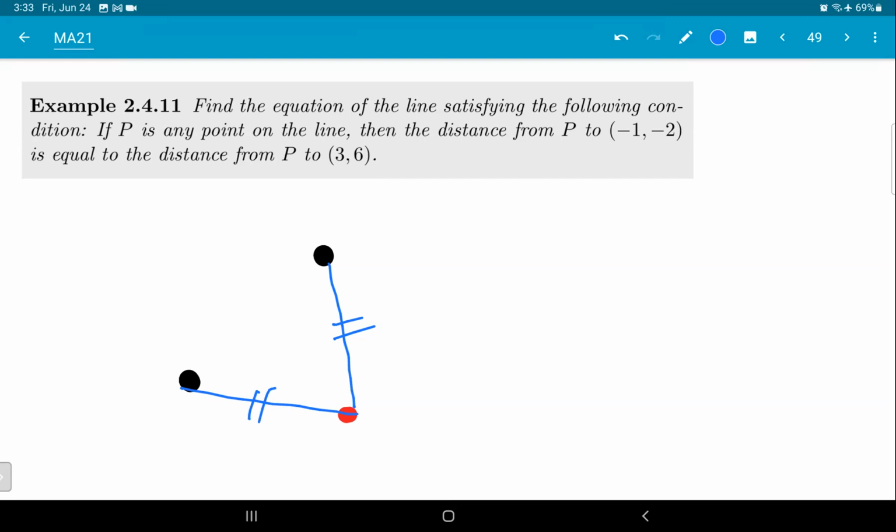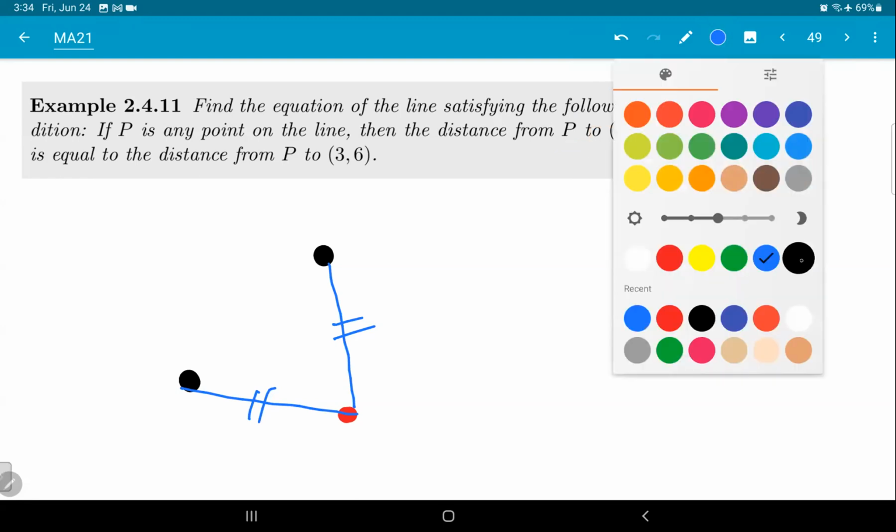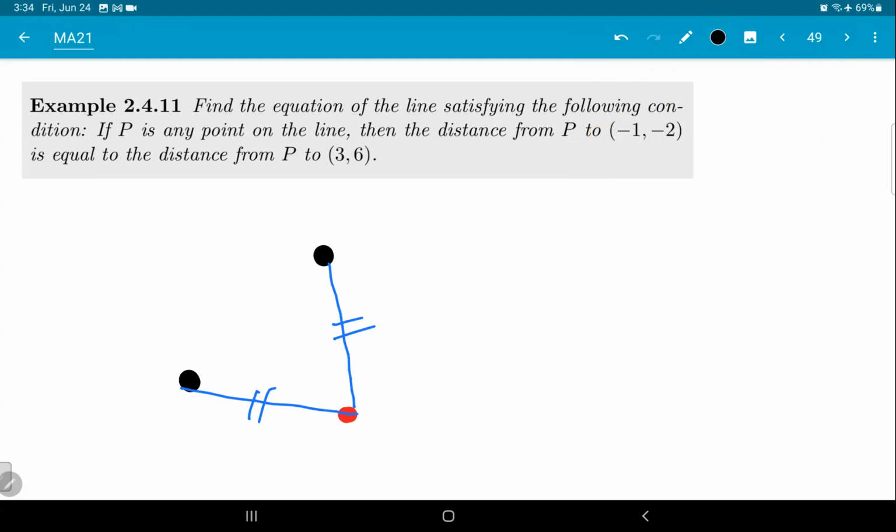We start by denoting the point P by unknowns, as we always do in algebra. So denote by P the coordinates of the point by x, y. X and y are unknowns. Then we try to formulate equations that will help us solve the problem.